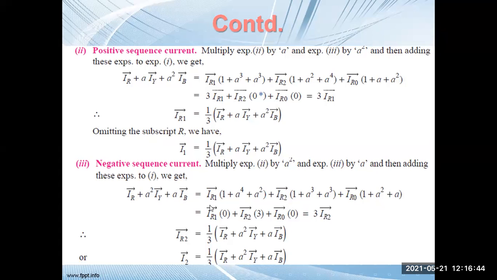Should I derive it? If you want, then I should. Don't hesitate; if you feel I should derive it, then I will do it. Okay, fine. So we have IR plus A square into IY plus A into IB.